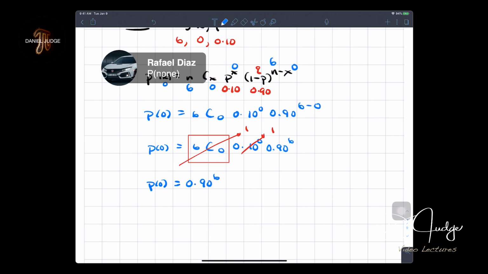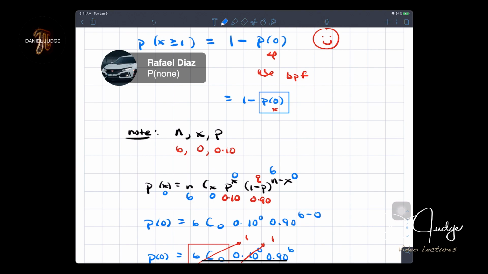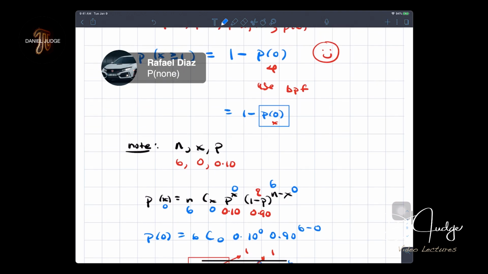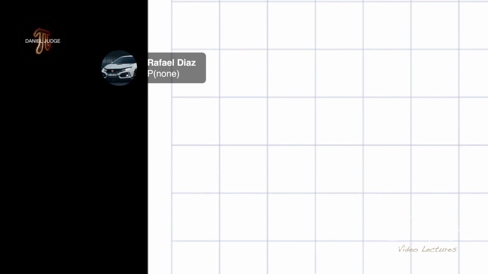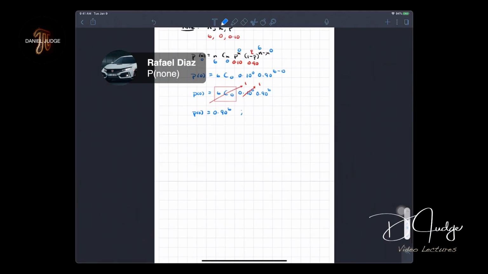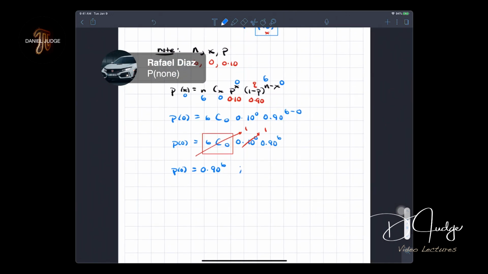So let's remember what we're doing here. We're finding the at least one question. It's 1 minus P of 0. If I want to get the answer directly in the TI, let's see what this is.